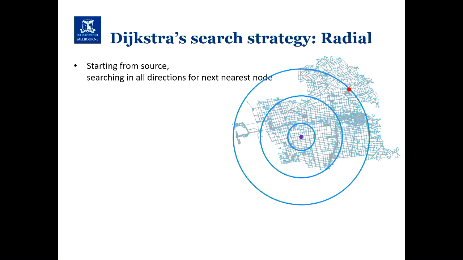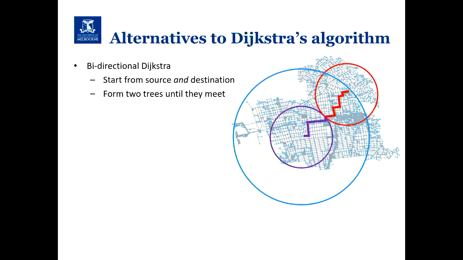It doesn't distinguish that. And how does running it from both ends reduce that? Pardon? How does running it from both ends reduce that? You're running 2 radial algorithms. Even if you think about the area they cover, it's less than if I run it for the whole big circle from the origin.